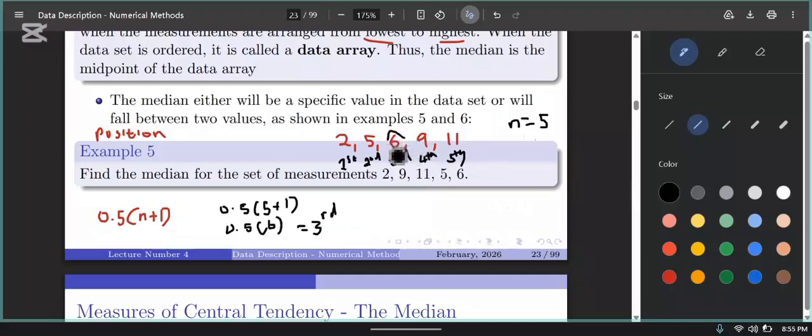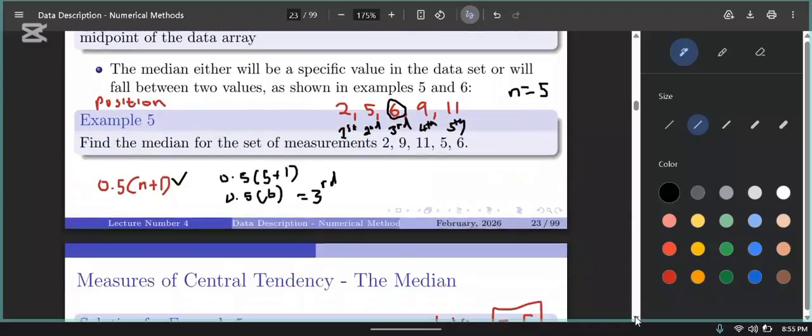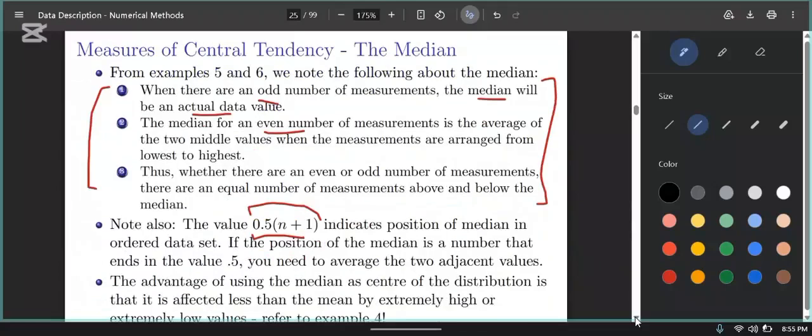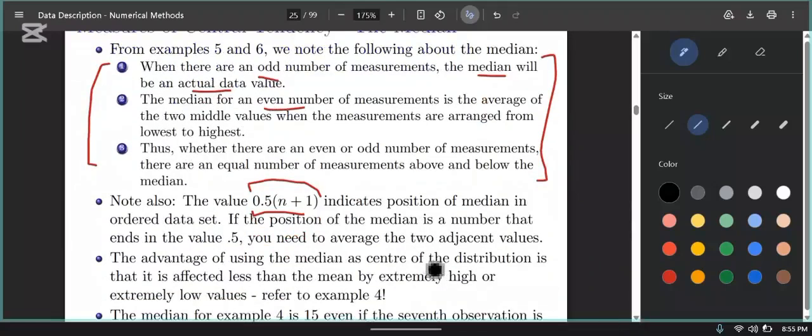We had found that the median is 6 on the third position. So this formula is simply used to find the position of the median. I hope it's clear on this one.